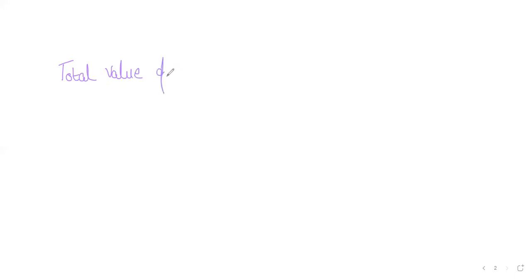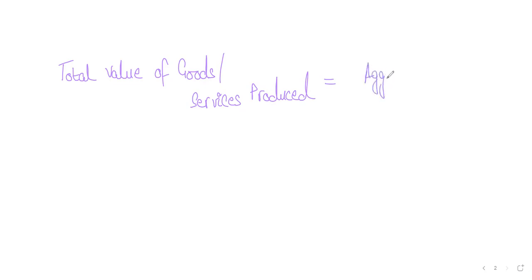Students, are you getting what I'm about to explain you? Total value of goods and services produced in a country, right? And we are equating this with national income, which means it is aggregate income of all the people who are living in Pakistan. Now, I will explain you how the two things are exactly the same.